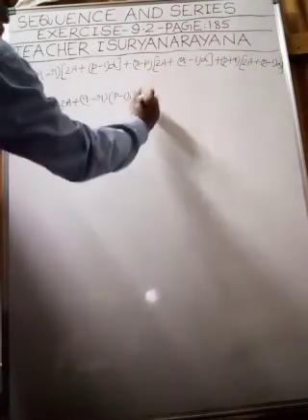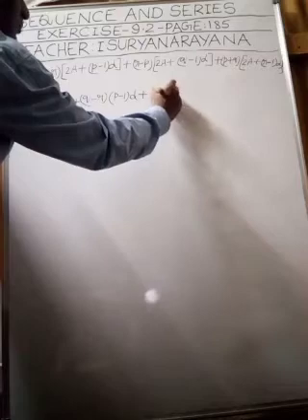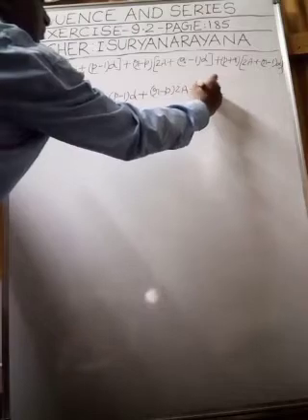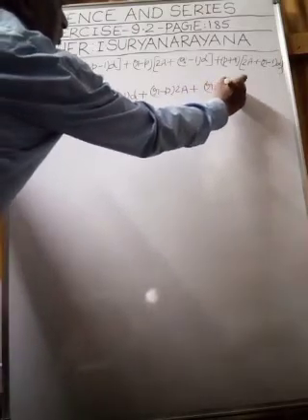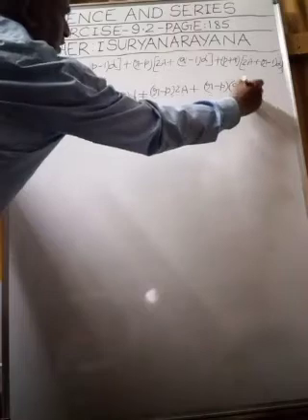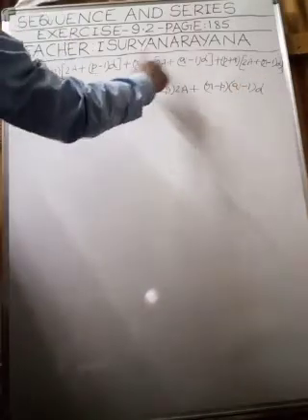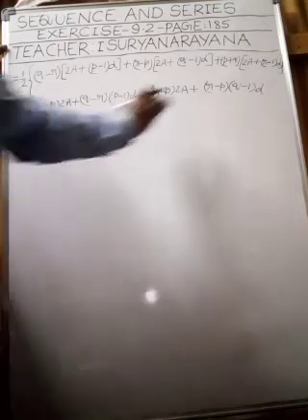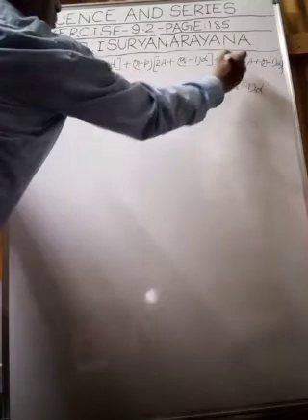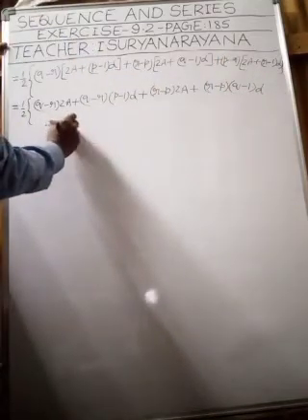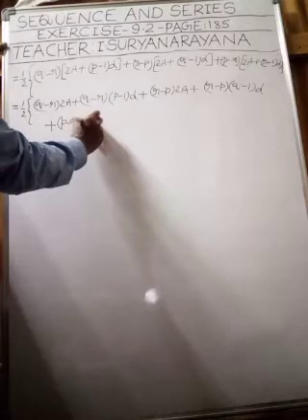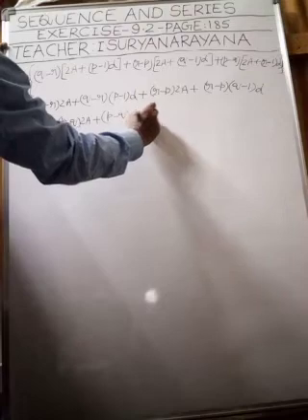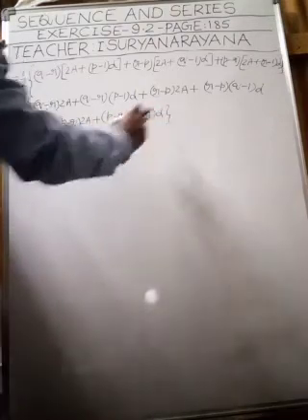Similarly, here also use the distributive property: R minus P into 2A plus R minus P into Q minus 1 into D. Similarly, for the last term, P minus Q into 2A plus P minus Q into R minus 1 into D. Understood this expansion?